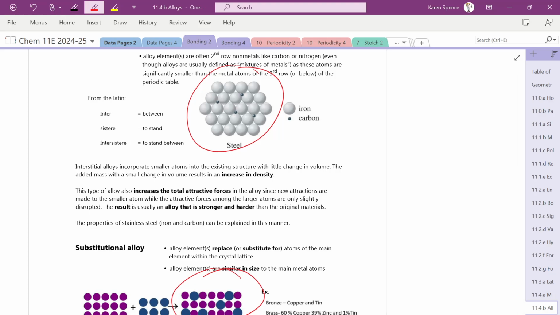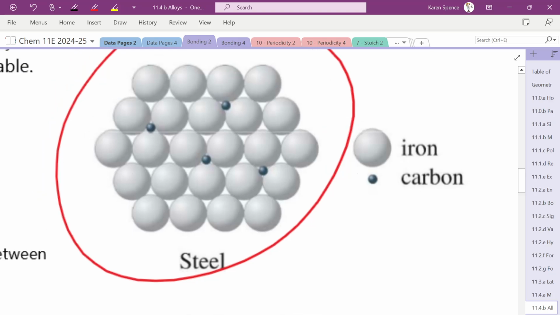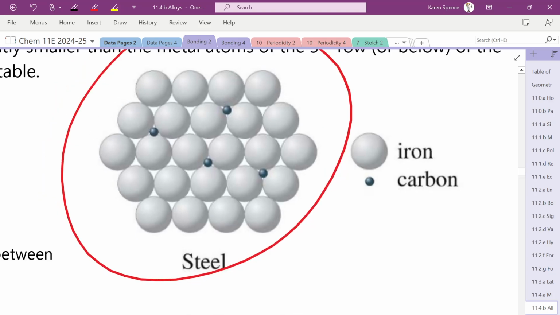The first one, because those little things are in between. Yes? You got things in between. The carbon slots itself in between. Wait, did those just have to be non-metals? It could be a much smaller metal, but often interstitial ones will be nonmetals because the nonmetals tend to be smaller. Yeah?